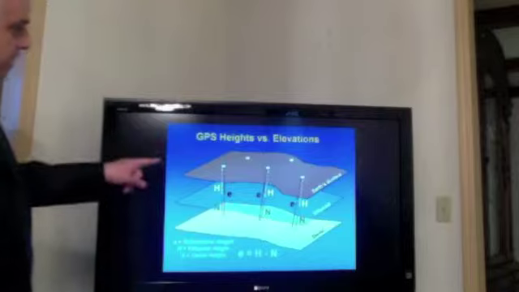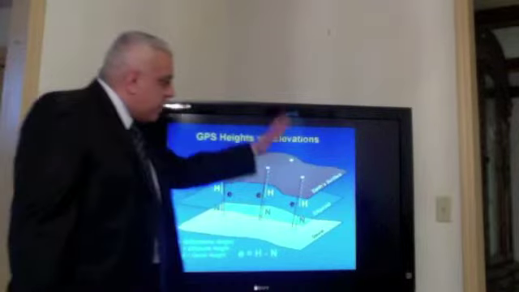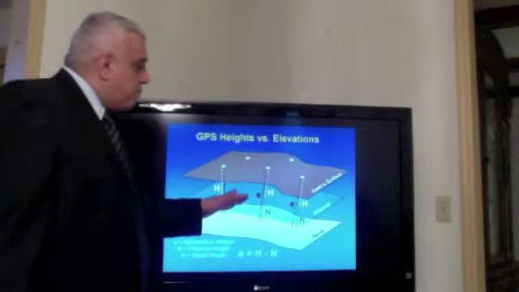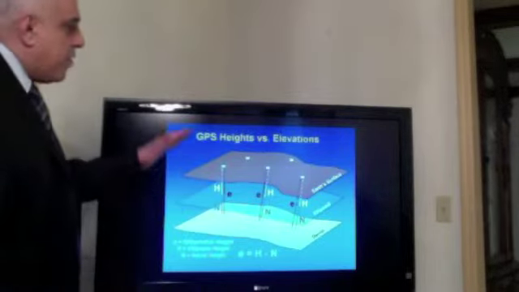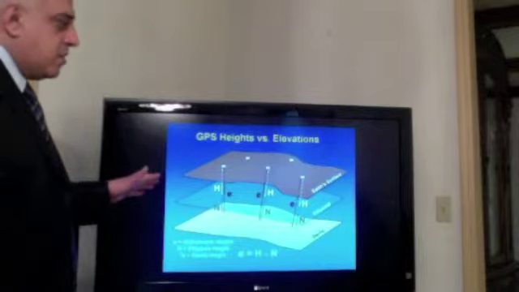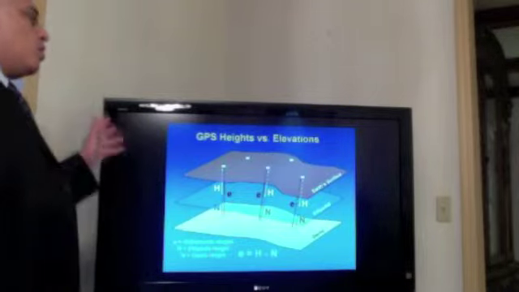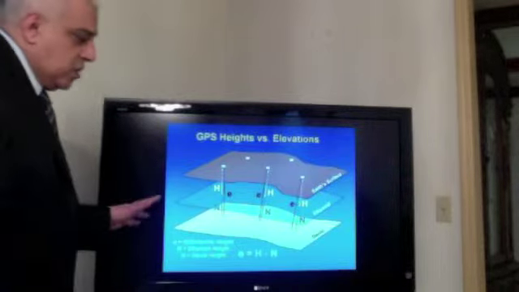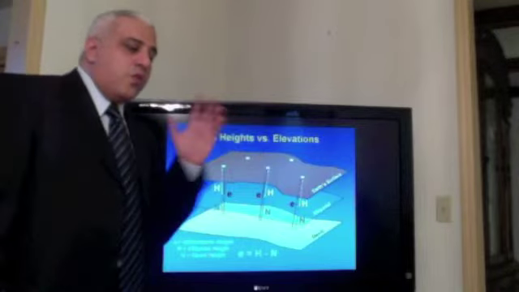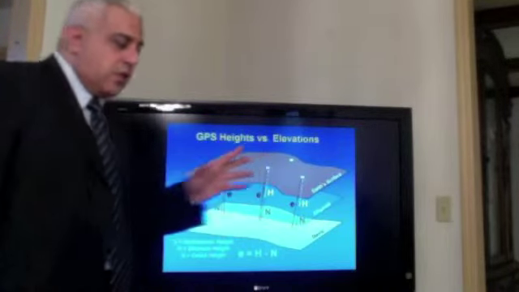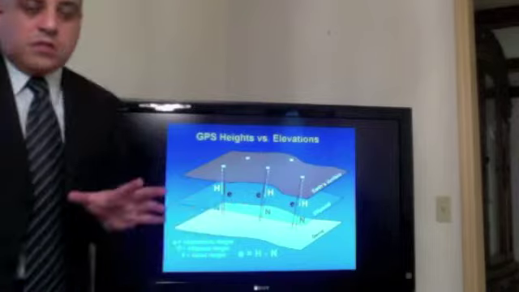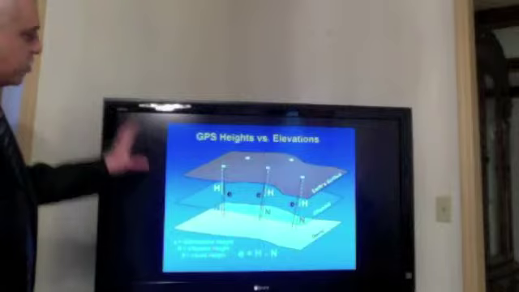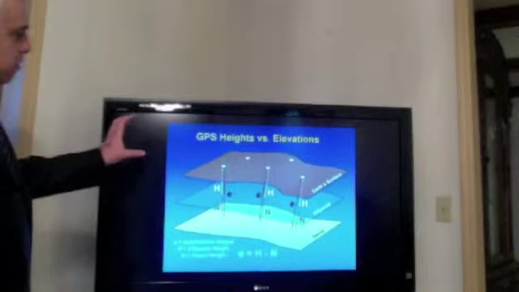But we do have the actual ground, the actual Earth's surface, and also, as a datum or as our reference for elevation, always the geoid. The geoid represents the mean sea level, or let us say in simple terms that it resembles the mean sea level.